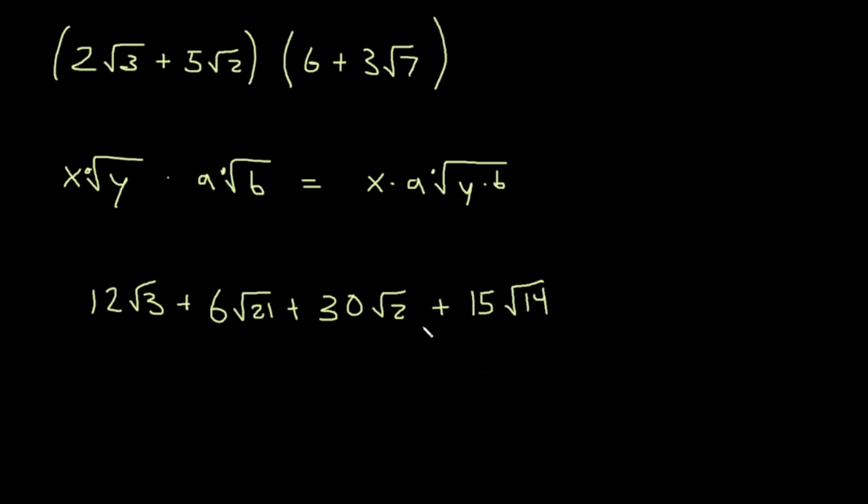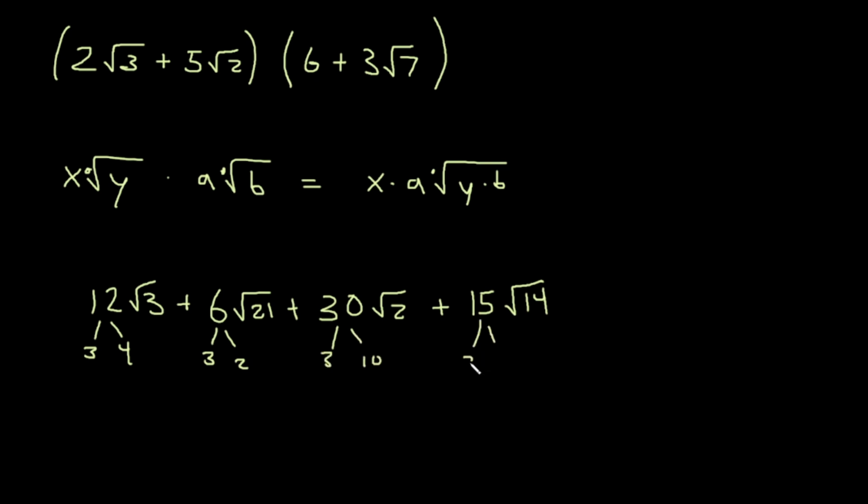If we really wanted to, we could factor out a GCF, but it's not a fraction, so we don't necessarily need to. But if we wanted to, we could say this is divisible by 3 and 4. This is divisible by 3 and 2. This is divisible by 3 and 10.